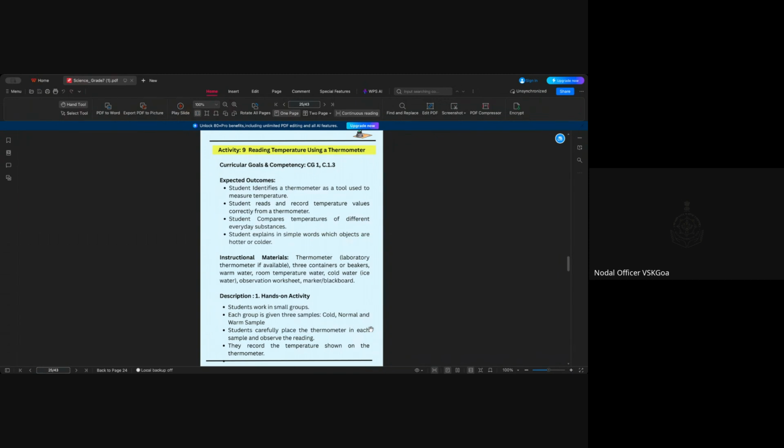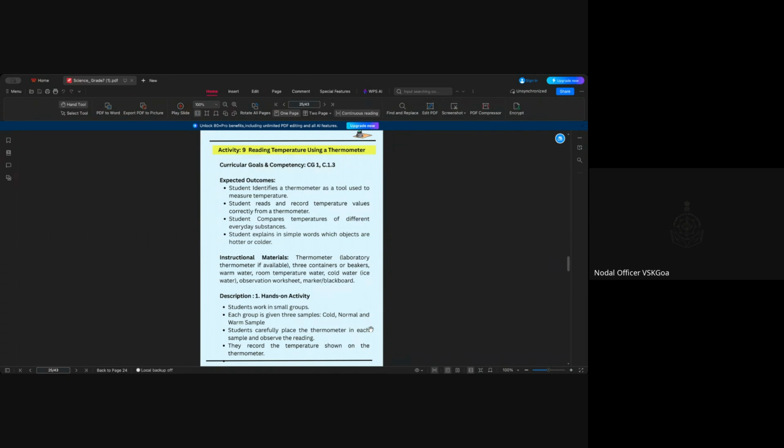So here specifically, if you see the CG, it is covering CG1, CG6, CG7. Along with that, the new particular indicator is CG5. Okay, from that the competency 5.1, where they are applying their scientific knowledge in their daily life, and competency 1.3, which speaks about measures and uses of standard units.